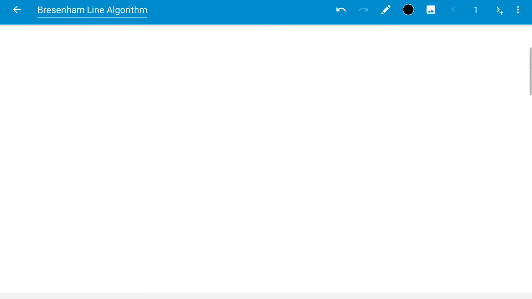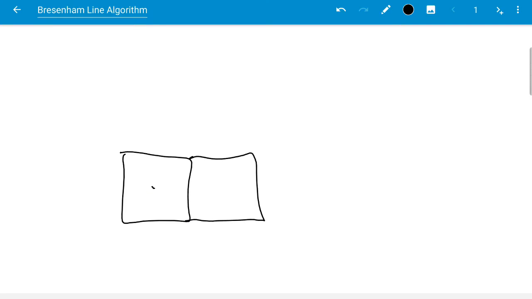To do that, let's compare our ideal math line to these options. So let's say this is my starting pixel. I'm going to move over 1 pixel. So here's where I start, the center of that pixel. And here I might go to this pixel, or I might go up to this pixel.